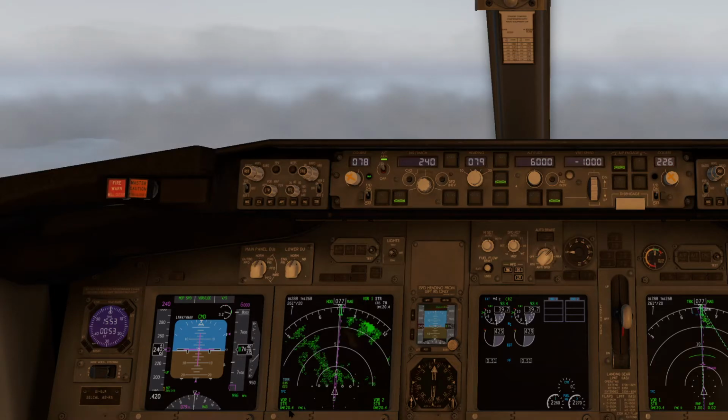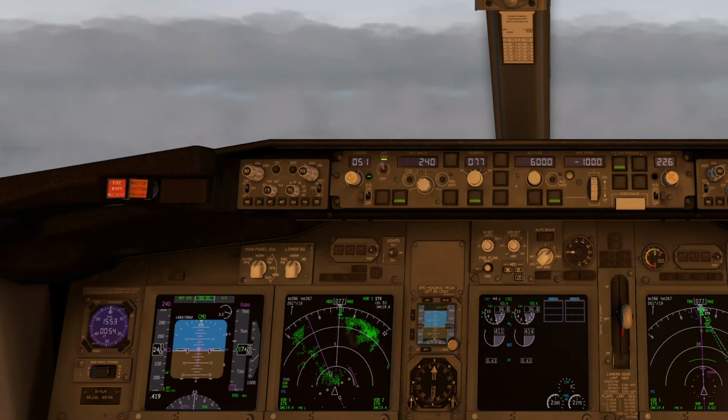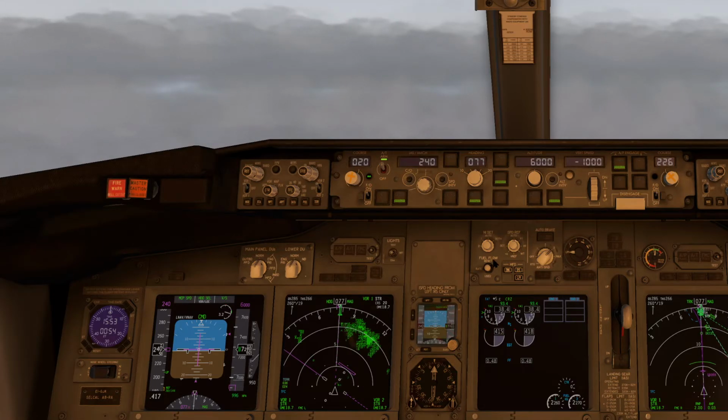So Strasbourg 20 nautical miles, we can go to heading mode, change course 030, was it? 020. And re-engage VOR LOC.